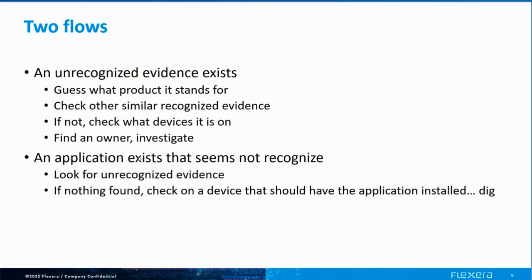So keep in mind, knowing that an application exists and not finding any recognized evidence can be a pain. In the end, you may finish checking on a specific device that should have the application, and you need to dig. That's quite painful. And even in the end, the answer could be, sorry, there is nothing that can be inventoried.